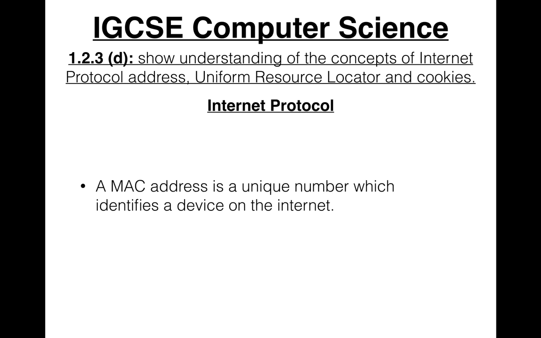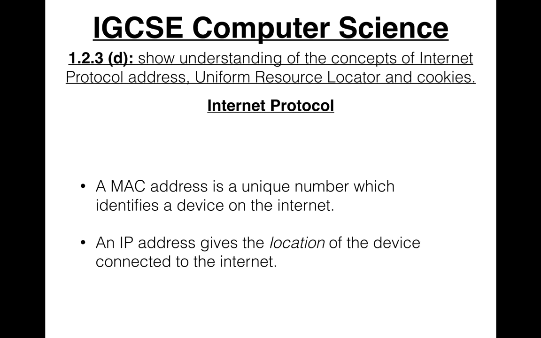A MAC address is a unique number which identifies a device on the internet, but an IP address gives the location of the device connected to the internet. That is the difference between a MAC and an IP address. Another way of thinking about it: imagine the house or apartment that you live in.